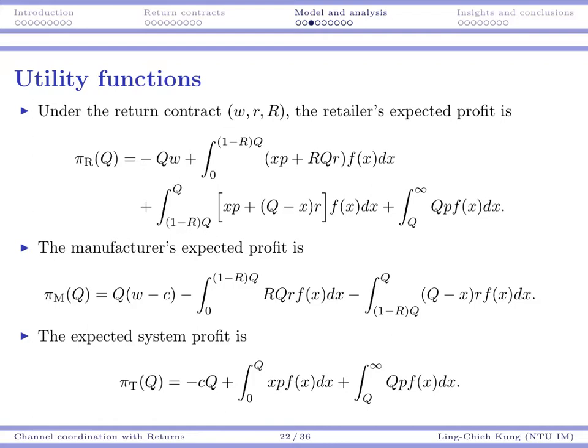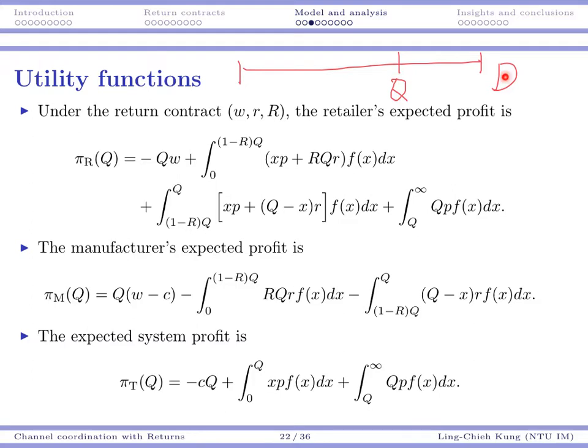So, in general, what we may have are three situations. So let me try to write it down. Okay, so let's say this is the possible demand. As a retailer, I may order at this level, and then the demand may be either larger than my order quantity, or the demand may be lower than my order quantity.